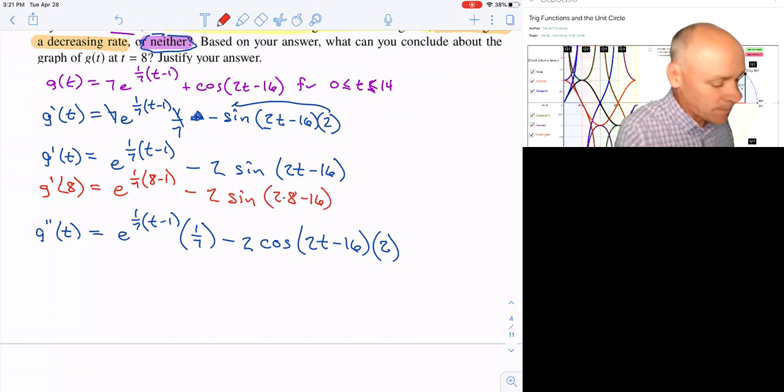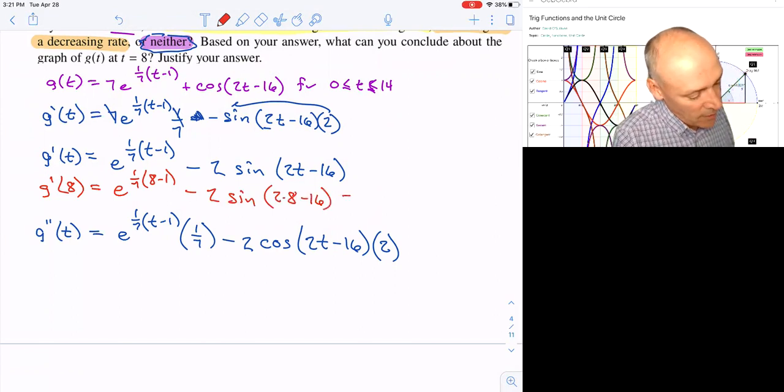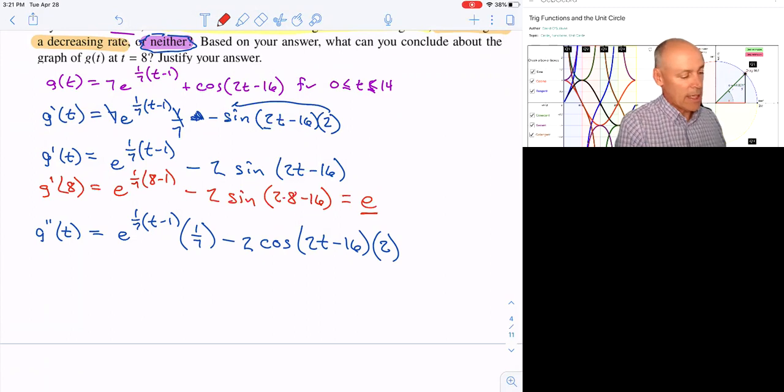If I just continue that, that's going to be e to the 1/7 times 7. That's just going to be e to the first, that's going to be e, and then this is going to be minus 2 times sine of 0. Well, sine of 0 is 0, so that's just going to be e. So that's e, and that is obviously positive.